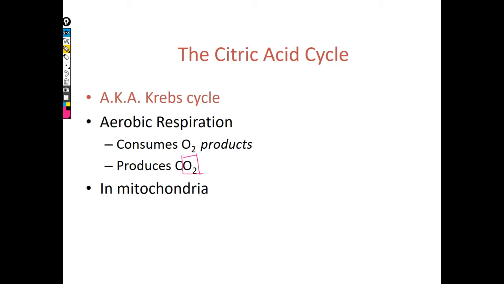The key here is the citric acid cycle is not going to continue to run if oxygen is not present in the cell. So that's what we mean when we say aerobic respiration. Oxygen needs to be present, even if we can't see it in this case, or it's kind of hidden.